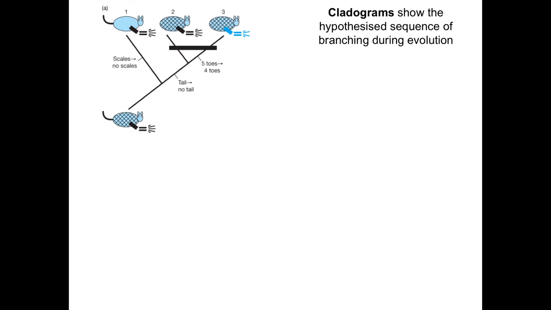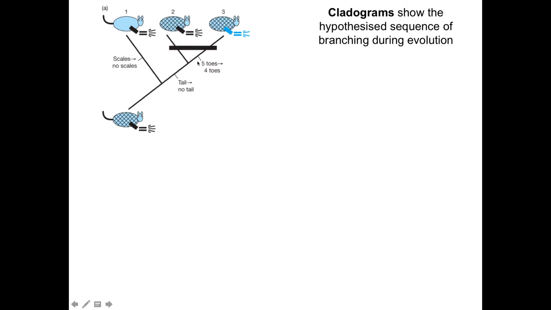Only 3 changes are needed to produce the derived character states. The first change is that scales are lost. The second change is that the tail is lost, so these 2 organisms now lack a tail. That's the second change that has occurred.